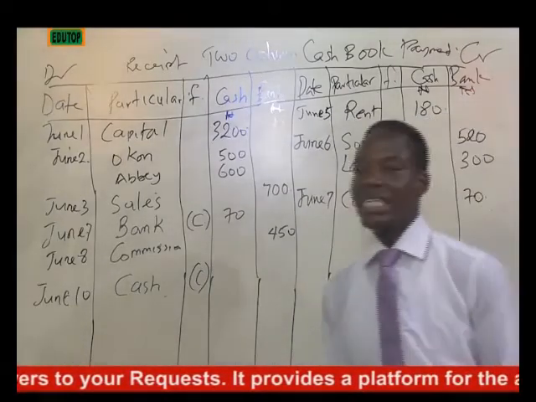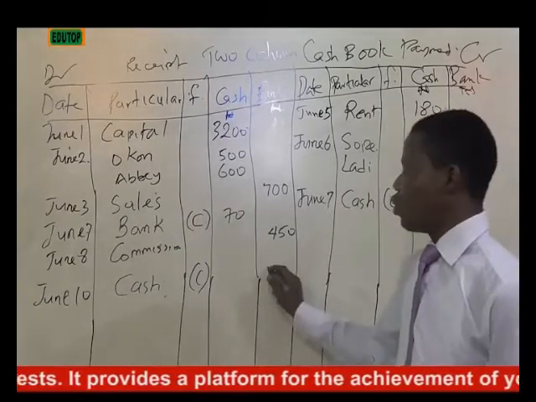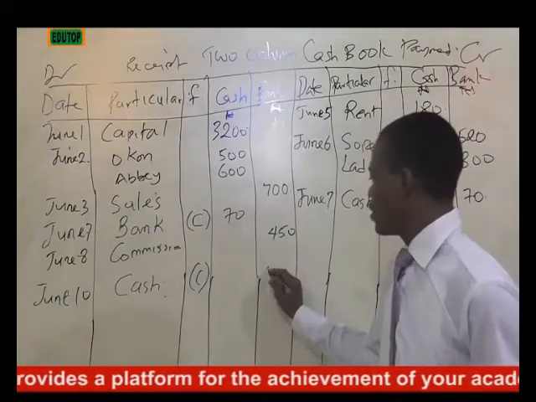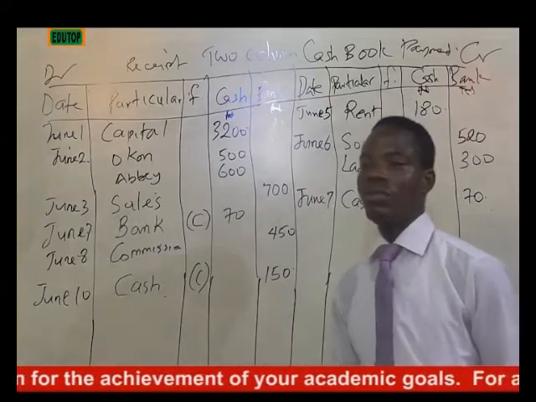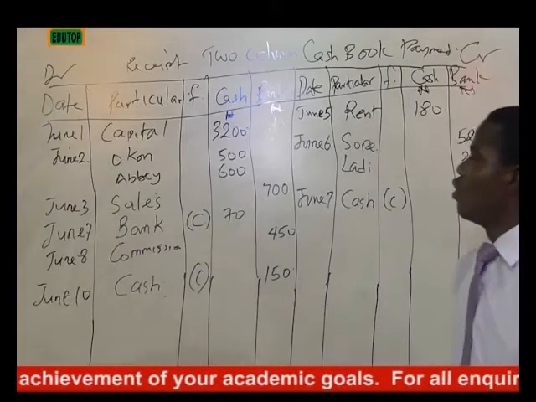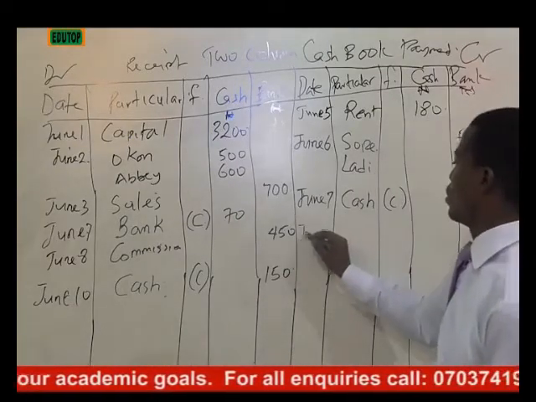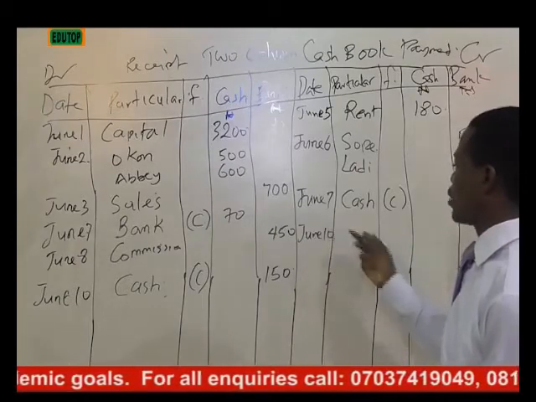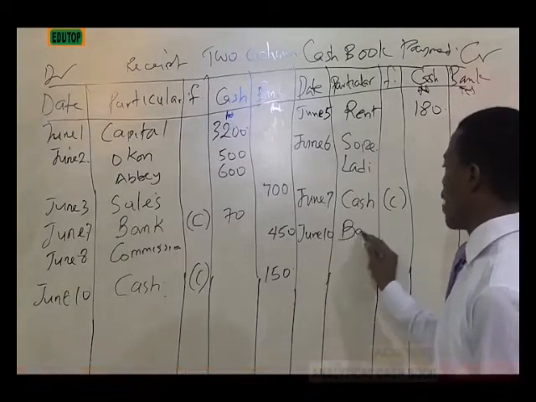It is cash that was transferred to the bank. So you put 150 here. That is how you are going to do it. Then June 10, you write it again. I told you it will affect the two sides, bank.